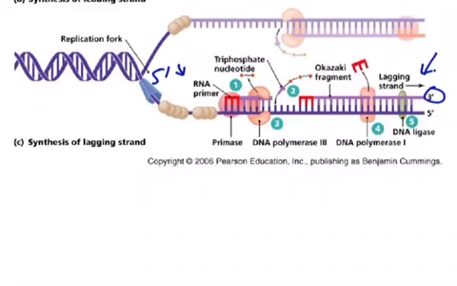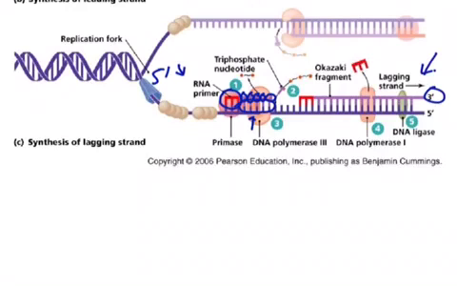Because of this, a single strand cannot be added directly, and it has to be added in small fragments at a time. So what happens is you have a primase, an RNA polymerase that adds a short RNA primer to start off the process. You've got DNA polymerase 3 here, which will start to add new DNA nucleotides that again complement the sequence on this side of the DNA molecule.